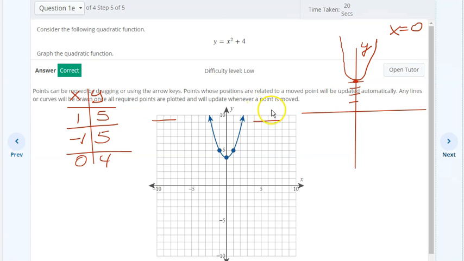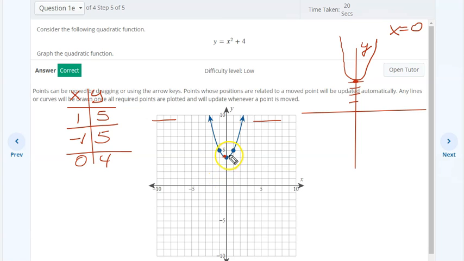Now, in the video, I showed you how to grab a dot, and we're going to use our first 0, 4, which is our vertex. We grab the dot, move it up to 0, 4, right there.